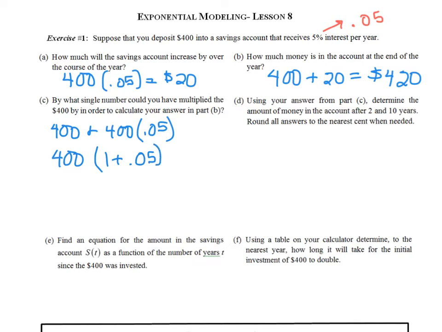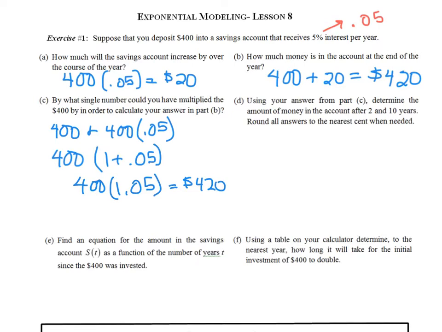So all I'm doing there is factoring a 400 out of this term and out of this term, and this is what's left over. So another way of writing this, 400 times 1.05.